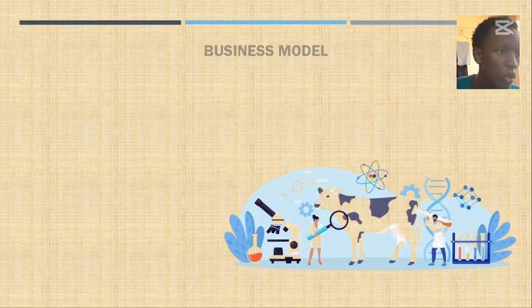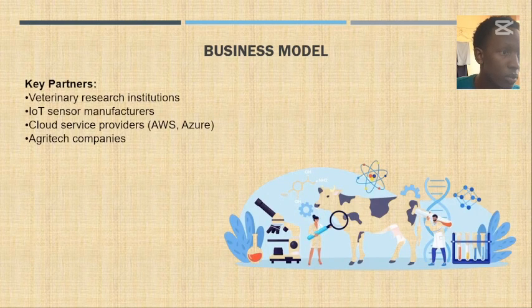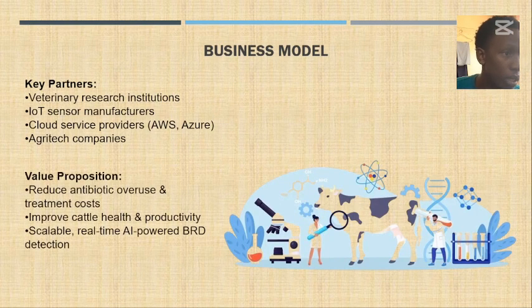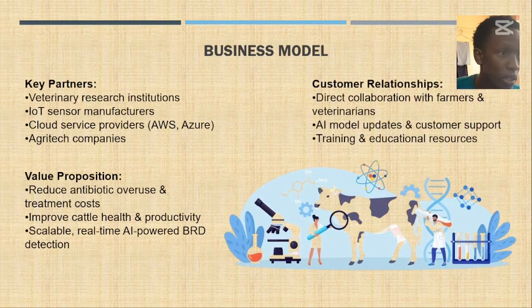Going further to the business model, we have the key partners, value proposition, and customer relationships. Among the key partners, we have veterinary research institutions, IoT sensor manufacturers, cloud service providers like Azure and Render, and many others, as well as agri-tech companies.